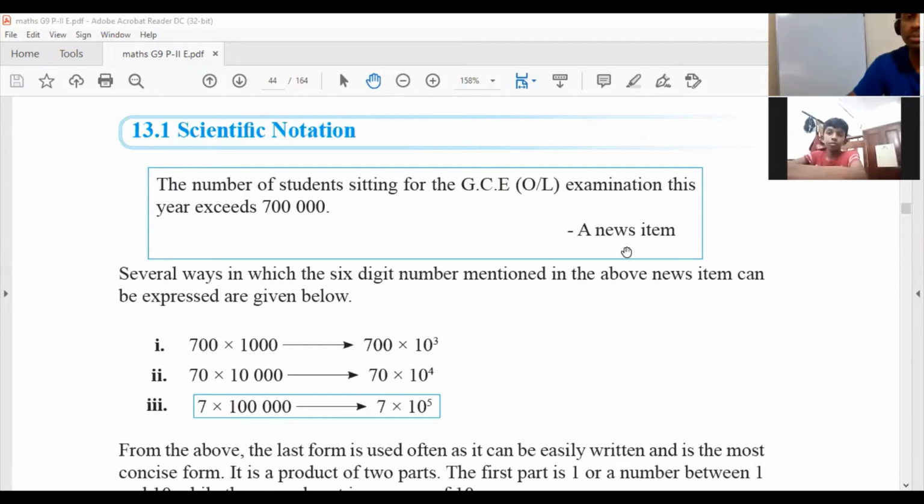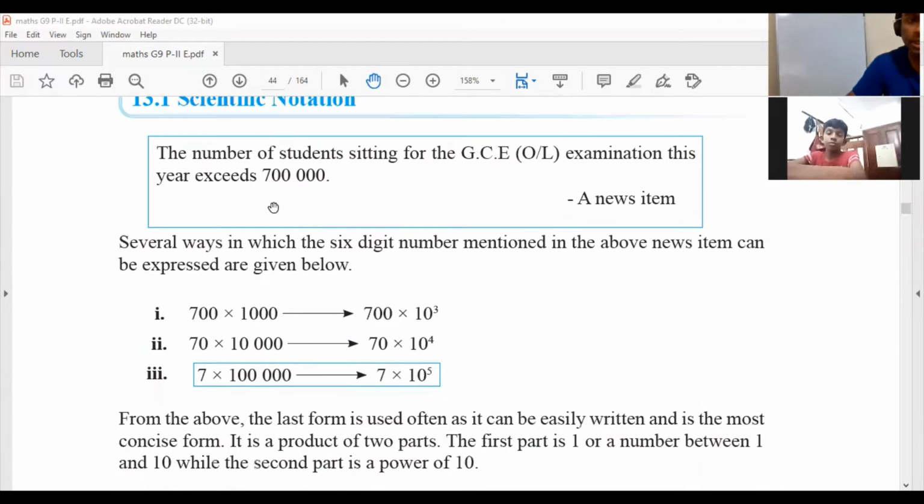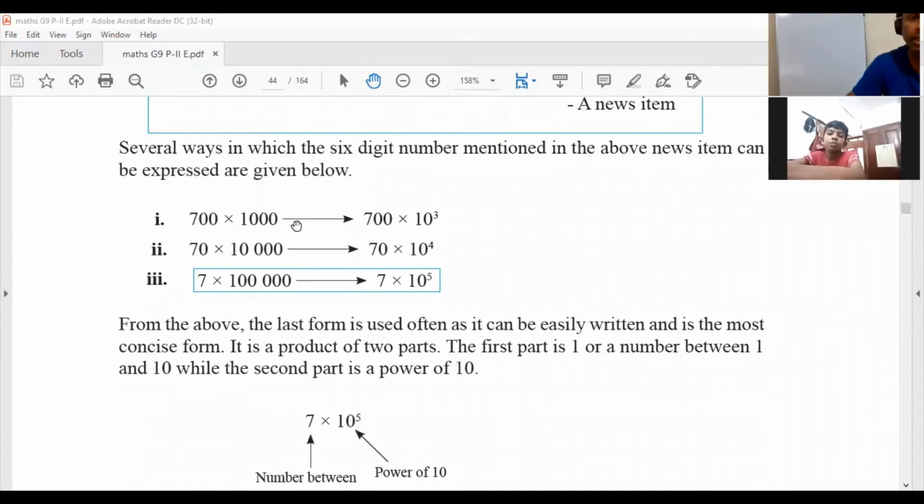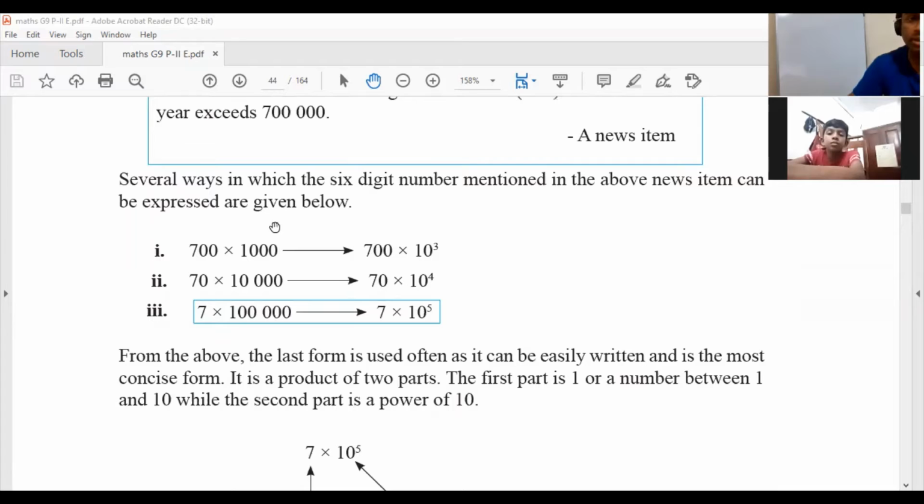A new term. There are several ways of writing this. 700,000 can be written in the following 3 ways. 700 times 1000. 700,000 is 700 times 1000.